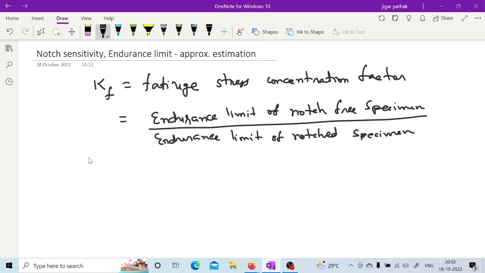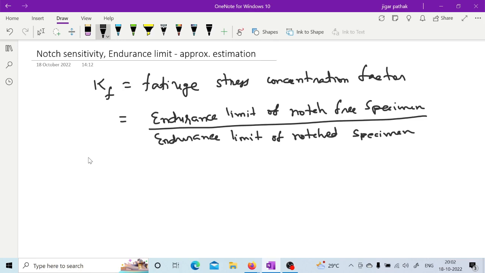All grain boundaries are related to an increase in stress concentration, and when stress concentration increases, the endurance limit will go down. So this is how the fatigue stress concentration factor is related to grain size.